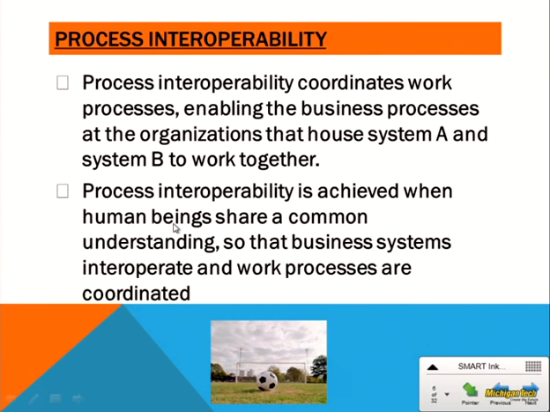The same with process interoperability: you need the person to do the right things. The business process is organized and must be based on the semantic interoperability. So it's a high level, low level relationship. These are the basic things for interoperability.